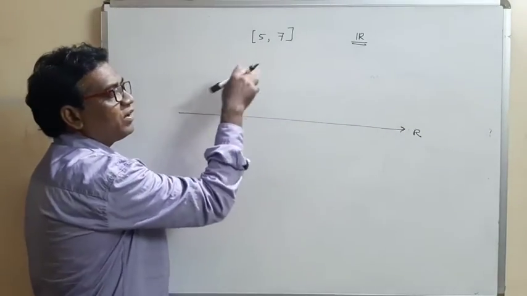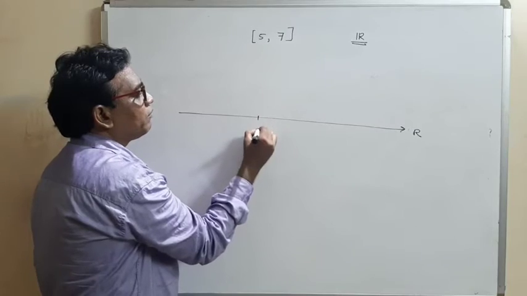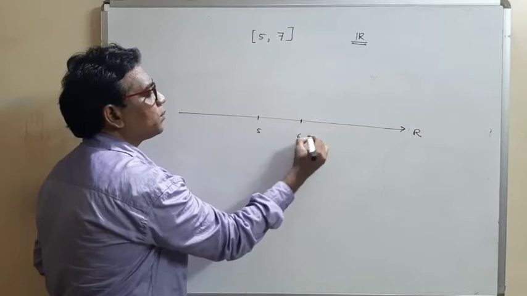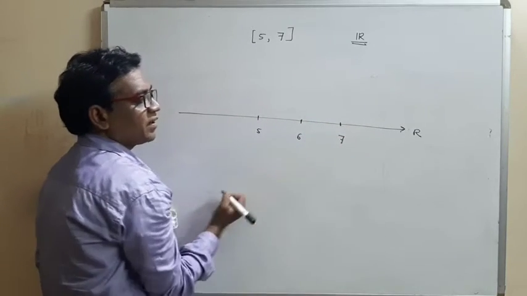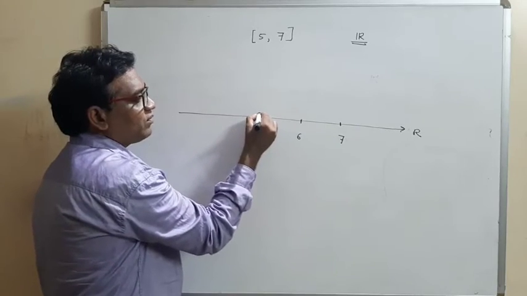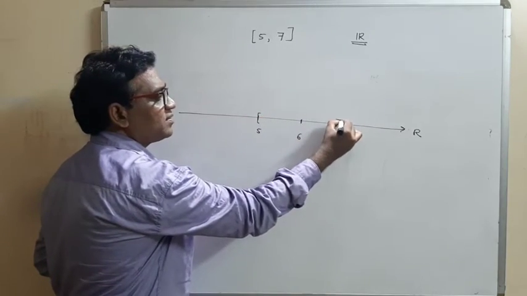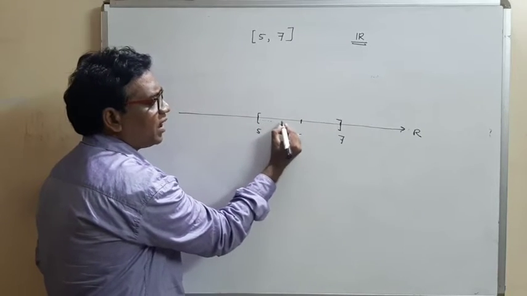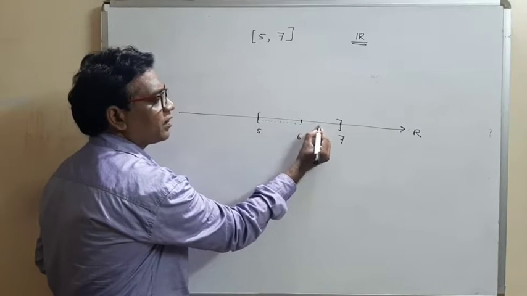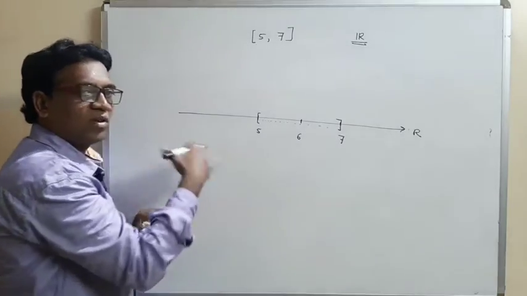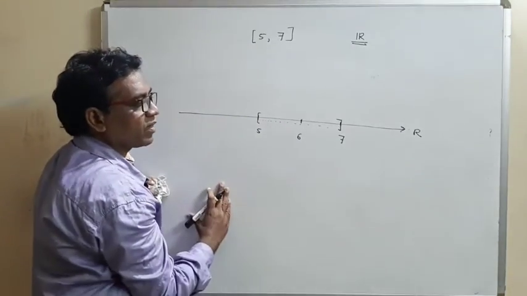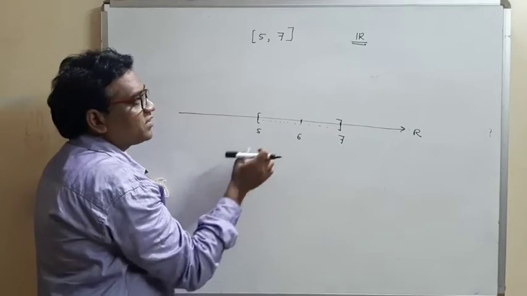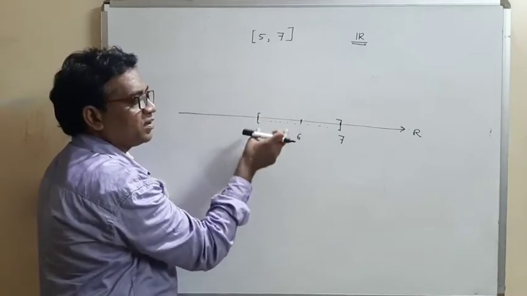Now this is our interval 5 to 7. 5, this is 6 and this is 7. Closed interval 5 to 7 means we have to take these end points also, 5 to 7, and it contains every element in the middle. Closed interval means it contains all the elements from 5 to 7. Now just find the limit points of this interval.